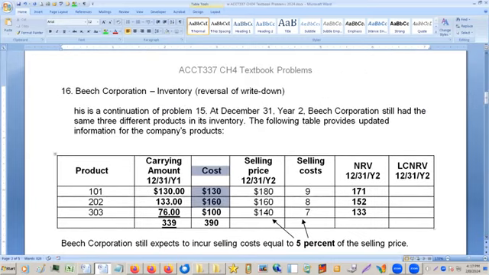Oops, just making those the same colors, not very helpful. Okay, lower of cost or market. So this will be the lower of cost or market here.